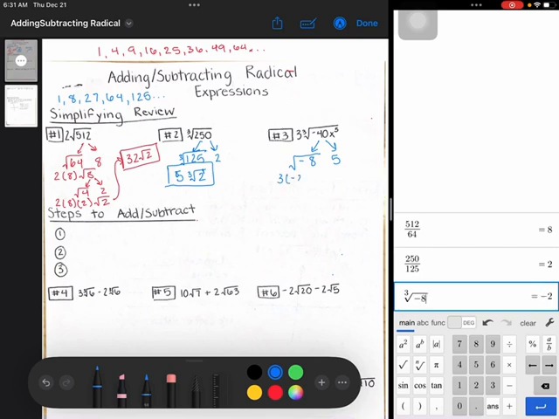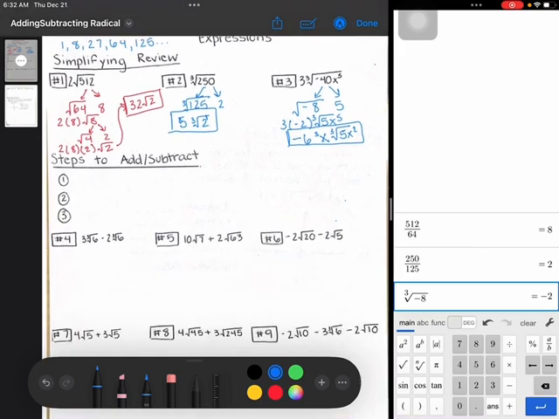So 3 times negative 2 is cube root 5, x to the 5th. So it gives us negative 6, and then we can pull out 3 x's. So x, and then cube root of 5x squared, because we have 2 left over.